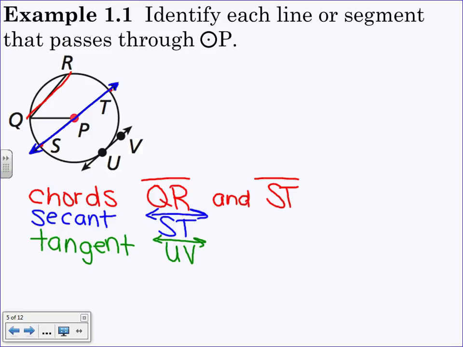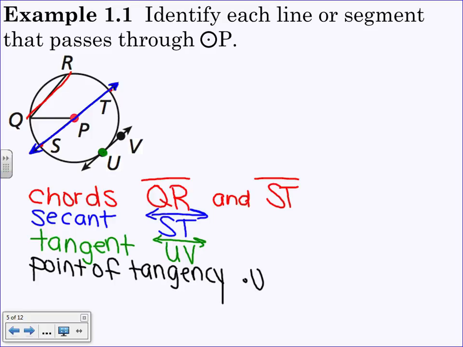ST couldn't be a tangent because it intersects twice, but UV only intersects once at point U. And although this doesn't ask us to identify the point of tangency, point U would be our point of tangency, because that's where our tangent line meets the circle.